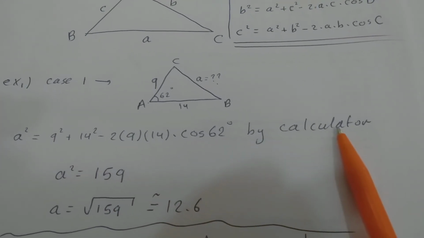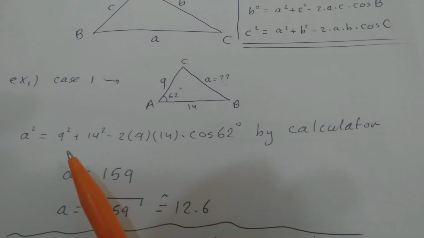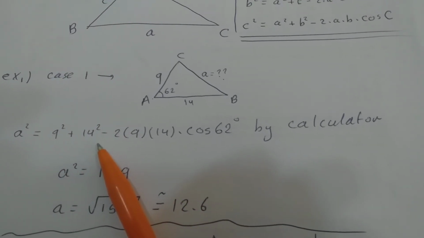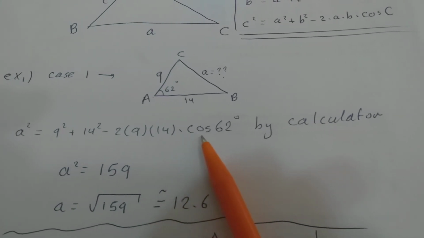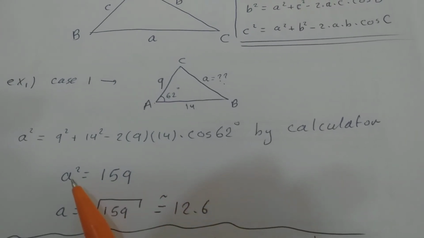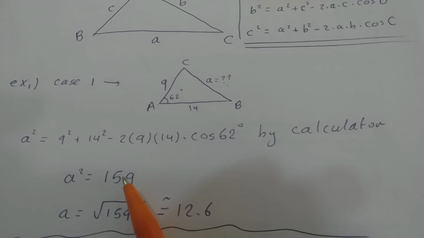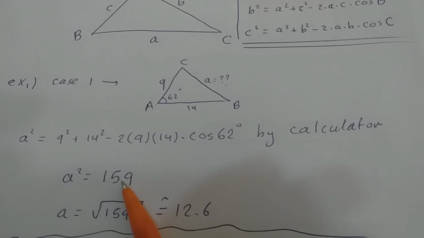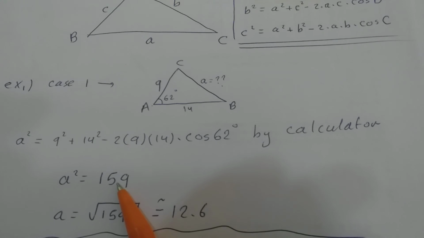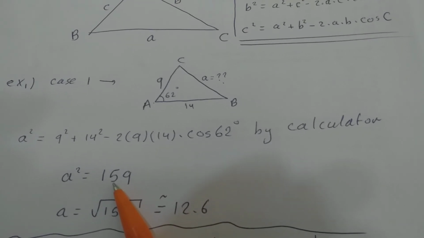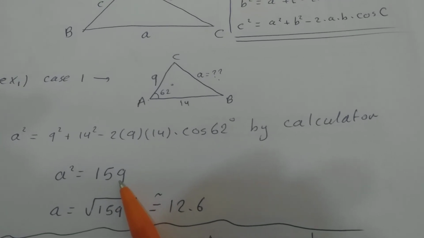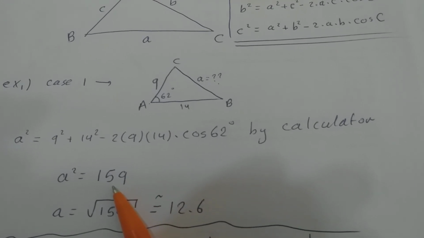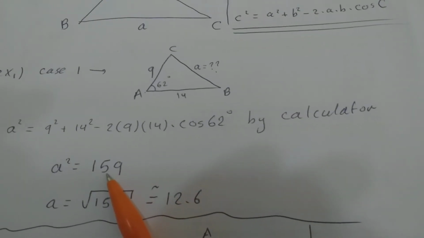So by calculator, 9 squared plus 14 squared minus 2 times 9 times 14 times cosine 62, a squared equals 159. This answer, you will find it approximately. It's not going to be 159 exactly. The answer is going to be 158.8. That's why I round it to the nearest whole number.